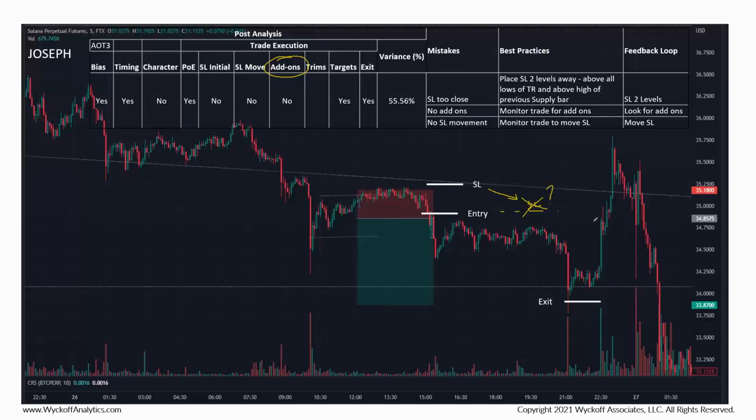So thanks for that. As far as the add-on, there was an opportunity on that second break, I think, possibly to place an additional trade, when the break of that apex occurs and we see some further weakness. And clearly, I think Joseph had this final target in mind when he entered the trade.